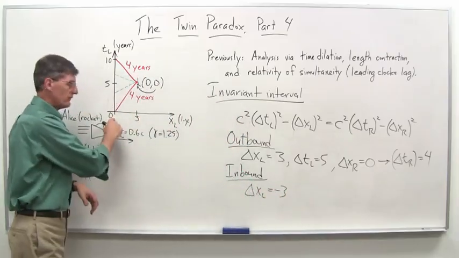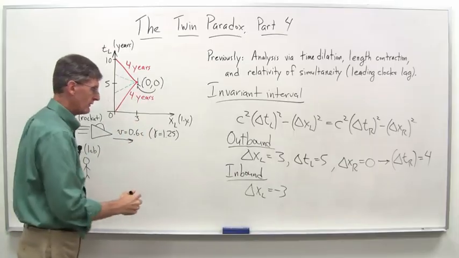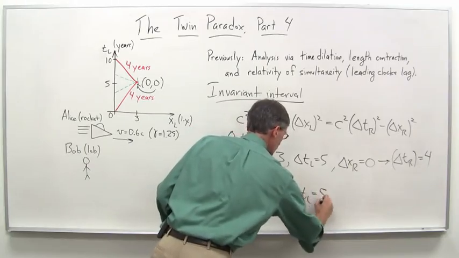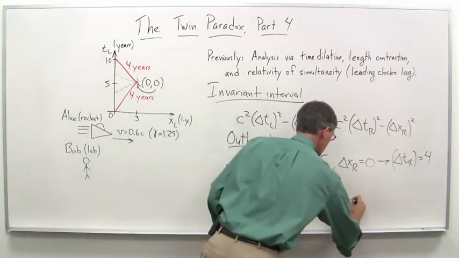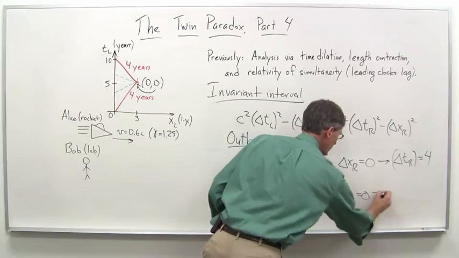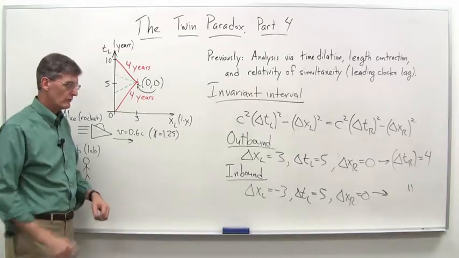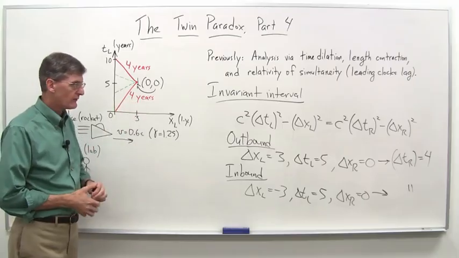You do the second point minus the first point, 0 minus 3 is negative 3. Delta t_L equals 5 again. Delta x_R is 0 again. And once again, you get delta t_R equals 4 when you work that out. So that's the invariant interval approach to this.